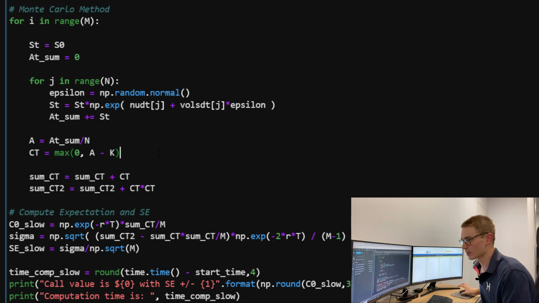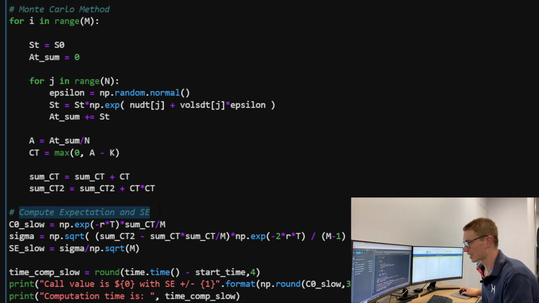So for the call price, we just take the max of 0 and the difference between this arithmetic average and K. So here we're going to be using this sum of CT, so we can store the total sum of all the CT variables, and we'll use that to calculate the expectation. We've also got the sum of CT squared, so we can calculate the standard error.